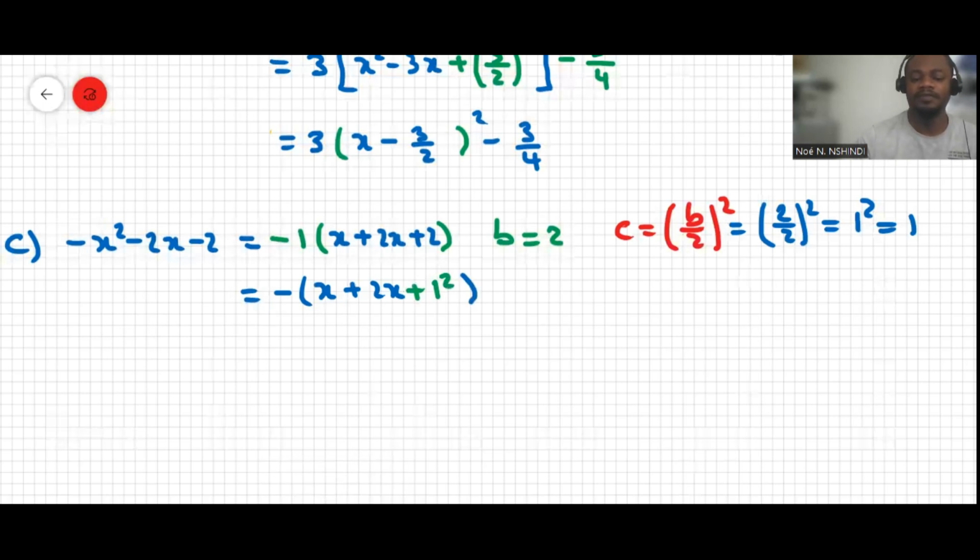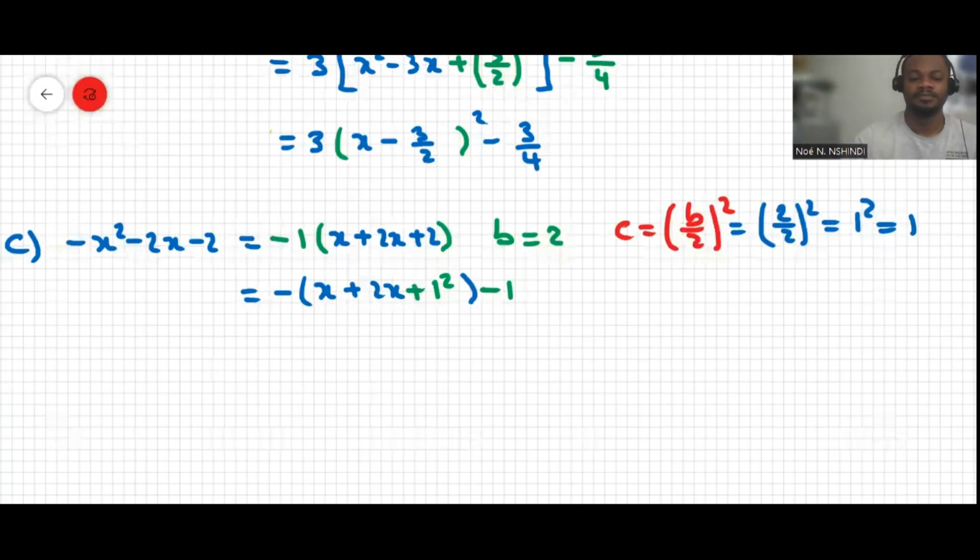Now, if I times it, it's going to be -x squared, -2x minus 1. But initially, it was -2 here, and here I have -1. So to get -2, I must minus 1 here.